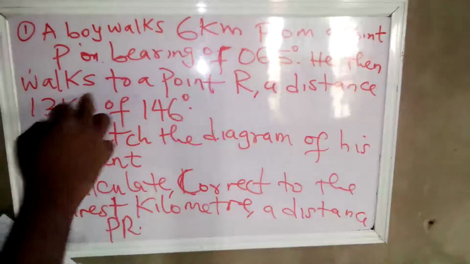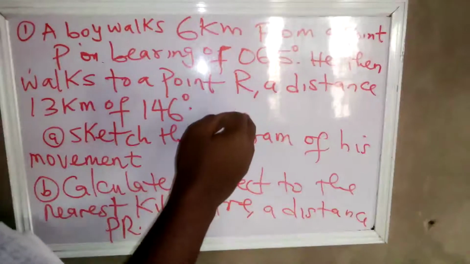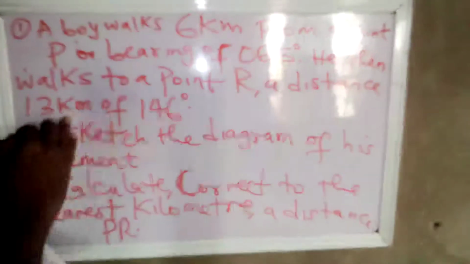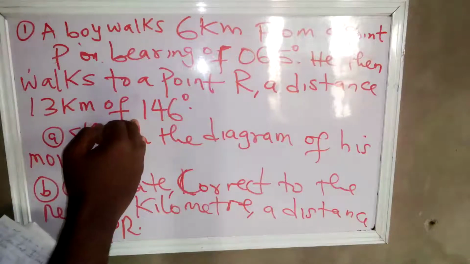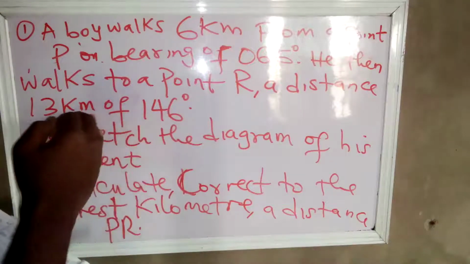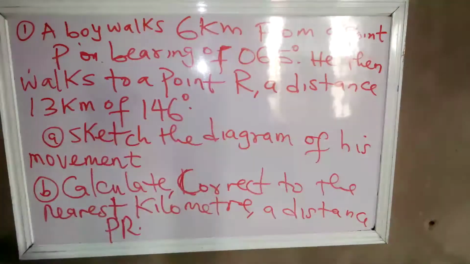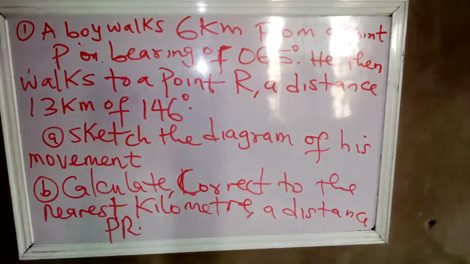He then walks to a point R, a distance of 13 kilometers on a bearing of 146 degrees.